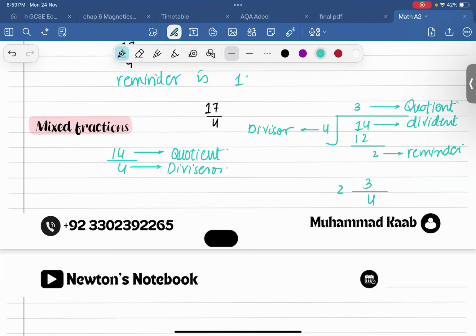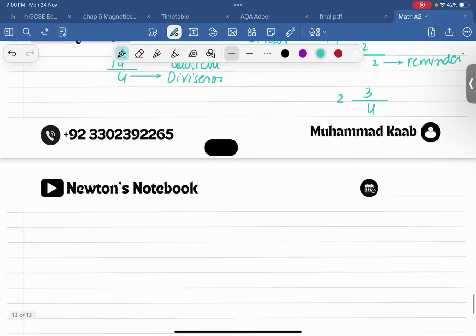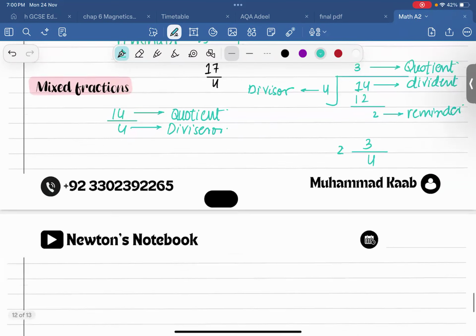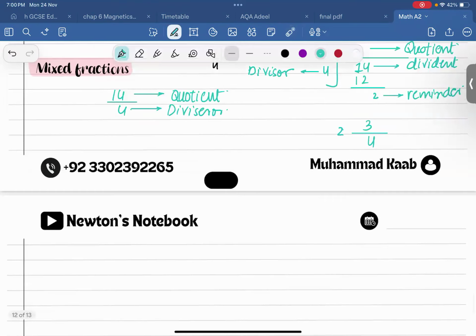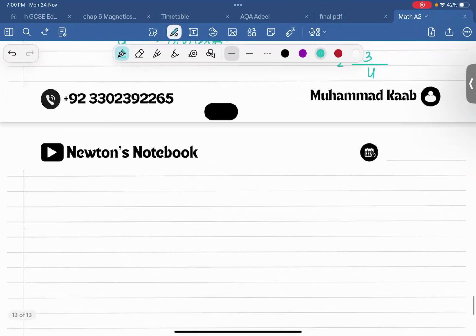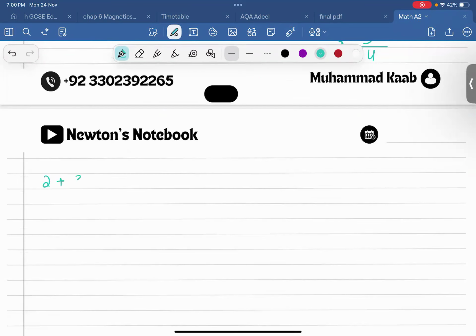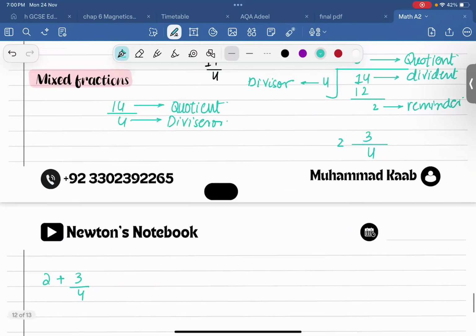So 4 times 4 is 16, plus 1, 17. Basically this is a mixed fraction, but actually in maths nothing like the mixed fraction exists, because 4 times 3 over 4 is basically 4 plus 3 over 4, and when you add them, you end up getting the same answer.